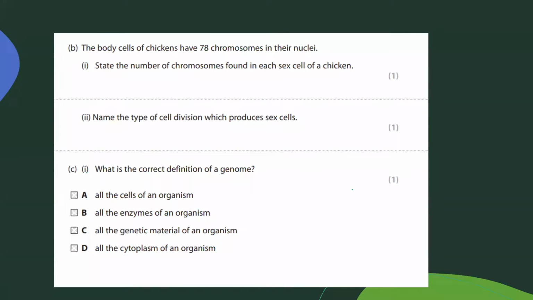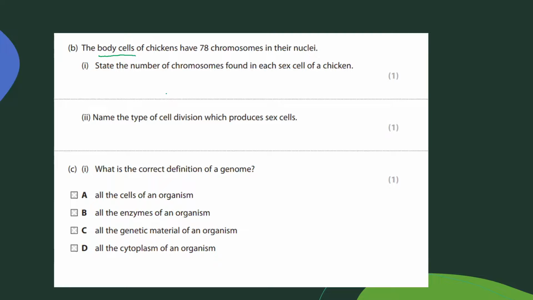The body cells of chickens have 78 chromosomes in their nuclei. State the number of chromosomes found in each sex cell of a chicken. If the body cell has 78, then a sex cell would have half of that.